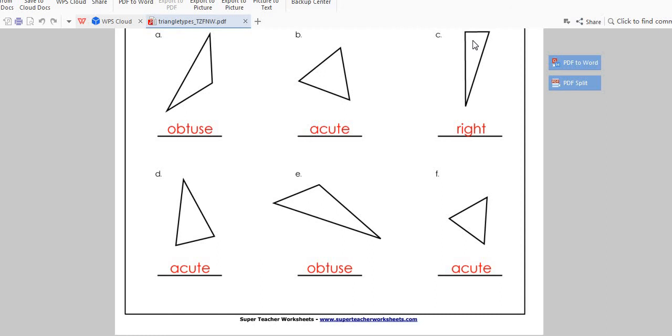When I have a right angle and 2 acute angles inside, it's called right triangle. And this one, 3 acute angles, so it's called acute triangle. One obtuse angle greater than 90, so it's called obtuse triangle. And here 3 acute, so it's called acute triangle.